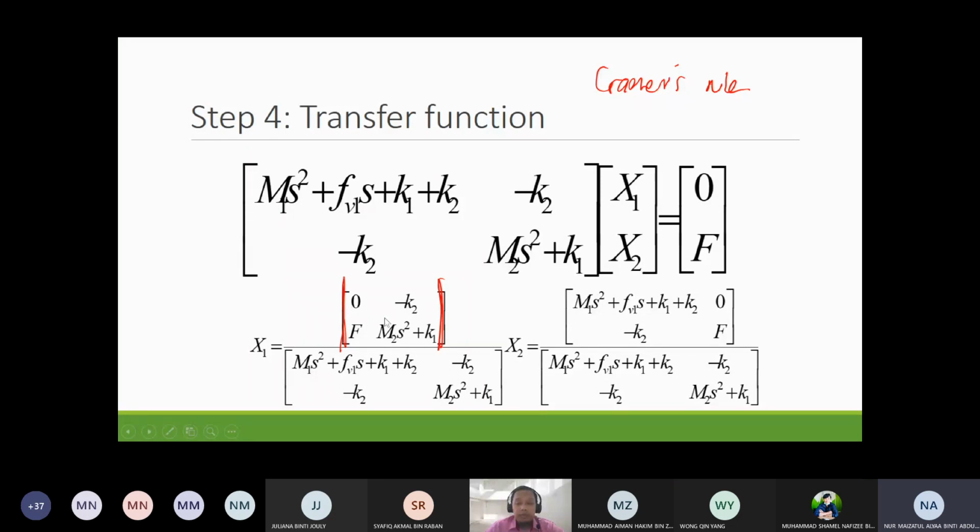You have to substitute the first column of the big matrix by the force matrix, by this column, 0 and f, and then the second column you remain as usual without substituting anything. So find the determinant divided by the determinant of this big matrix.